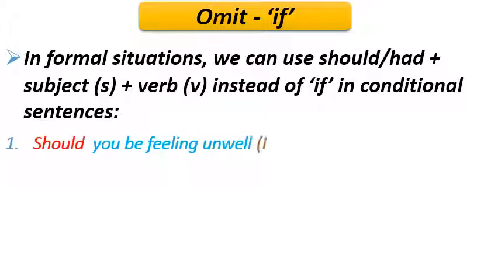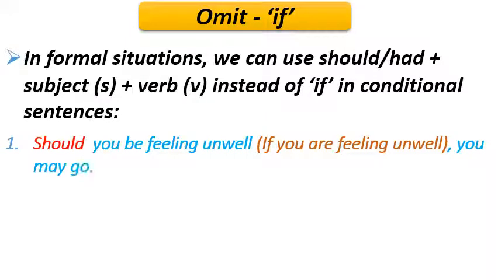Should you be feeling unwell, which means if you are feeling unwell, you may go. So here in the sentence if is replaced with should. We have basically omitted the conjunction if and replaced it with should.